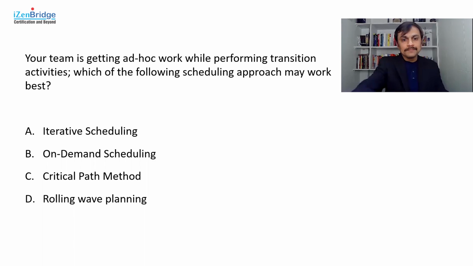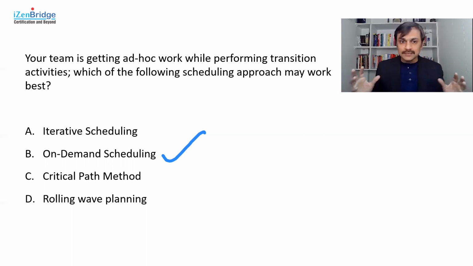Okay, so I pick option B as my choice. Let me explain. What I'm reading from the question is that we are in a transitioning space, which means our deliverables are going to the end users and they are using them. During that time, things are coming from here and there. Some user is liking something, some user is asking something.